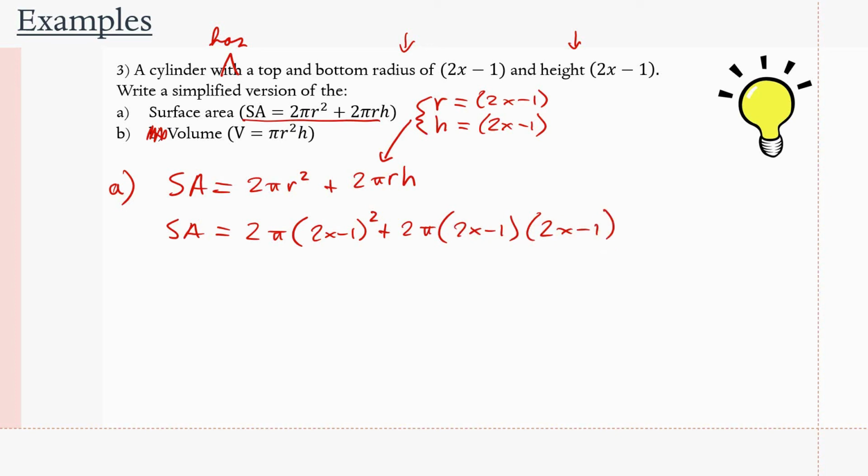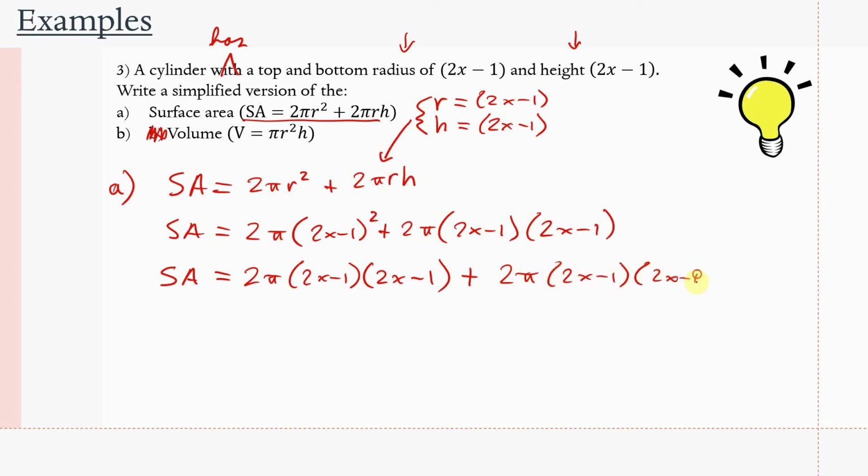So now, again, we're going to use all the properties we just learned to multiply these polynomials together. So we have surface area equals 2 pi times 2x minus 1. And 2x minus 1 squared is the same as 2x minus 1 times 2x minus 1. And we have plus 2 pi times 2x minus 1 times 2x minus 1.